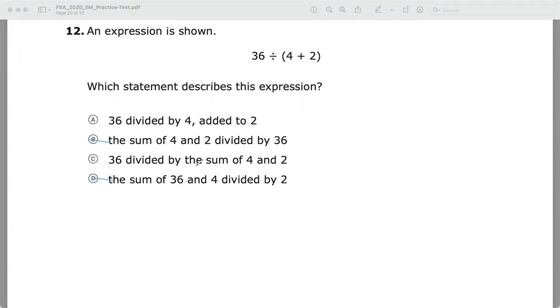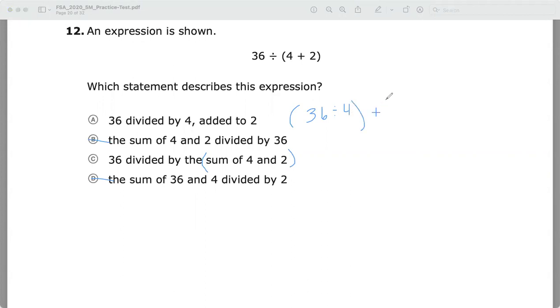If we're looking at these answer choices, it's either divided by the sum of 4 and 2, or divided by 4 and added to 2. If it was the first choice, it would be 36 divided by 4 and then plus 2.